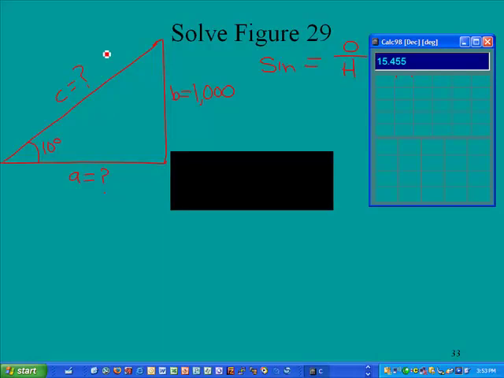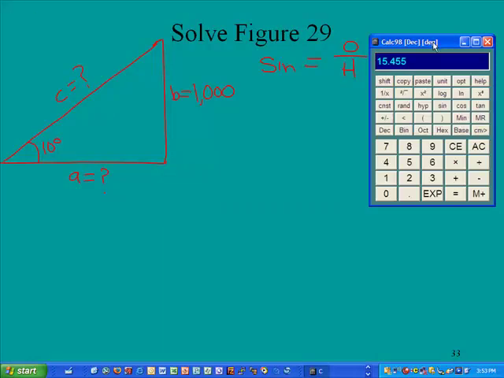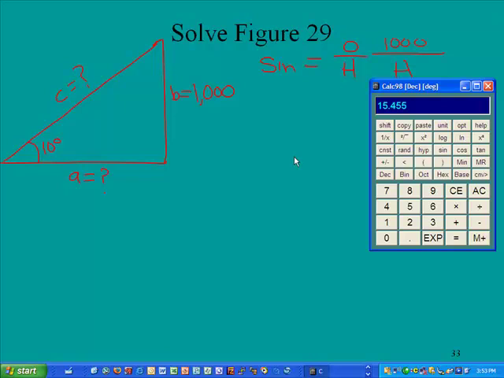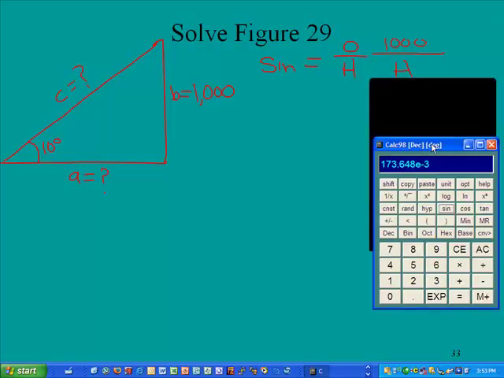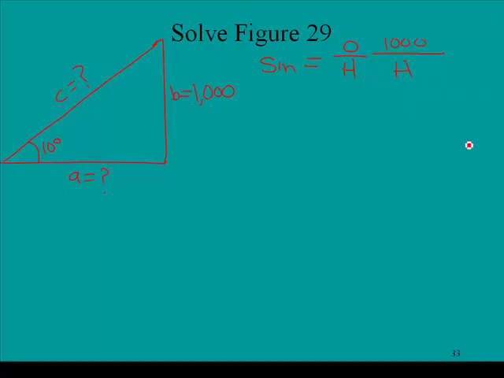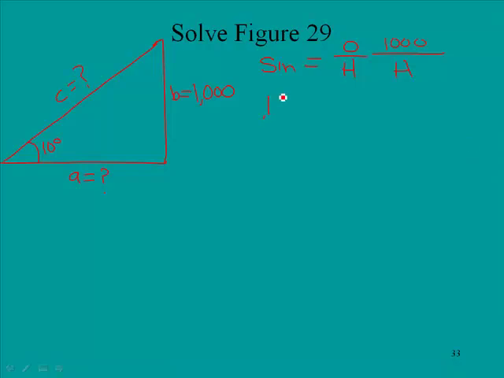Let's get our calculator, and we need to get 10 and the sine, and we get 0.173. So we have 0.173 equals 1,000 over h. And if we were to solve for this, we would find that h is going to equal 1,000 divided by 0.173.